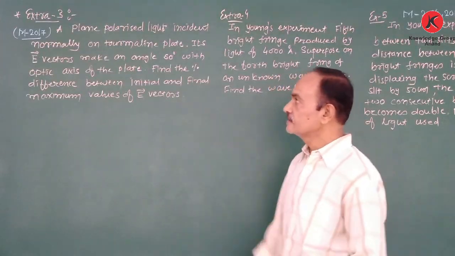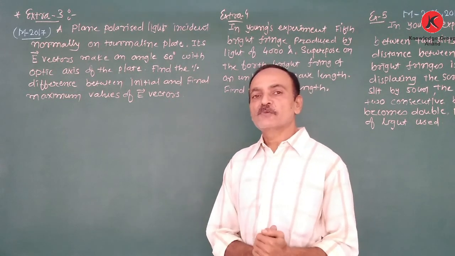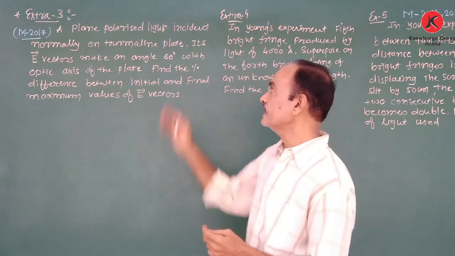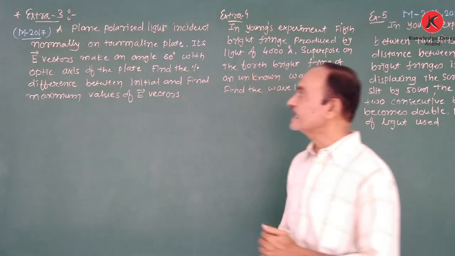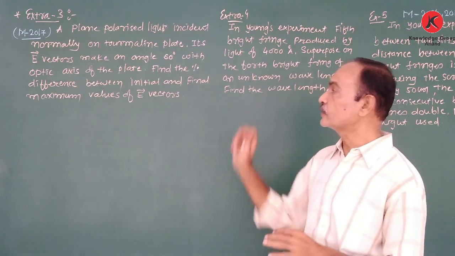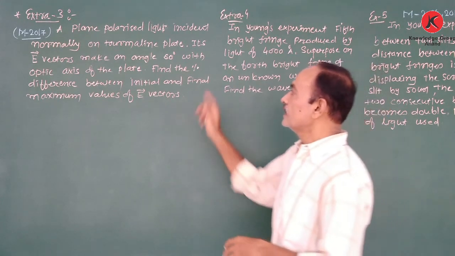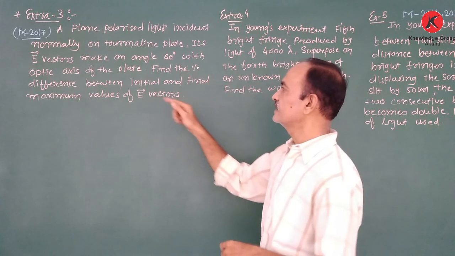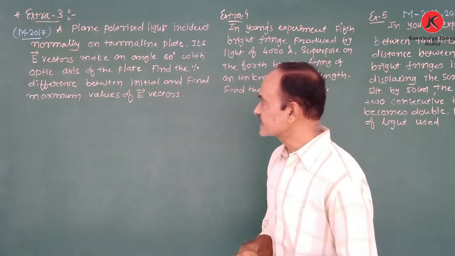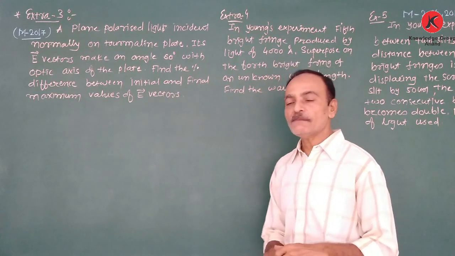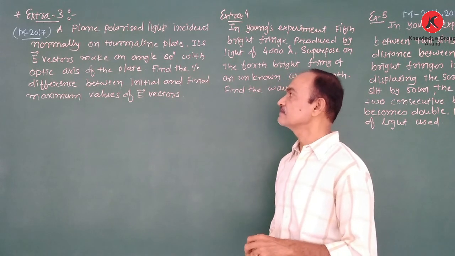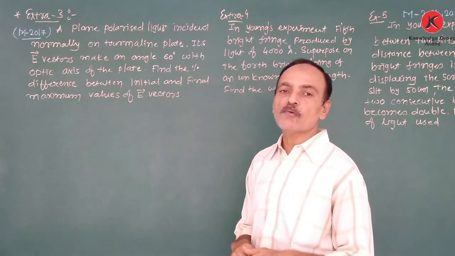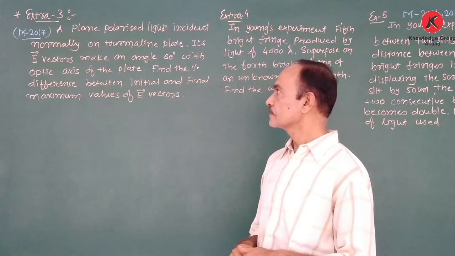Now friends, the numerical asked in the board exam, that was asked in 2017. What is given? A plane polarized light is incident normally on a tourmaline plate. Its E vector makes an angle of 60 degrees with the optic axis of the plate. Find the percentage difference between the initial and final maximum value of the E vector.